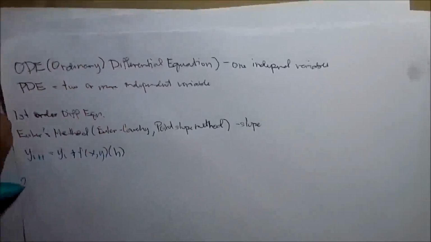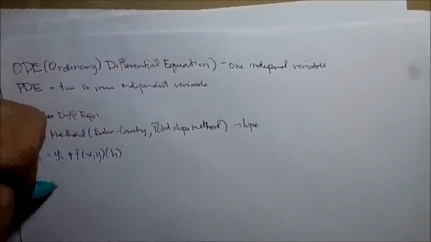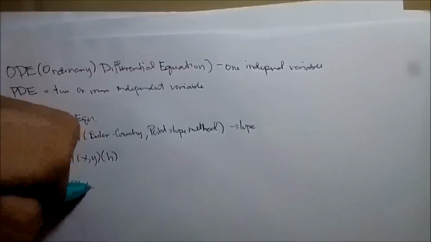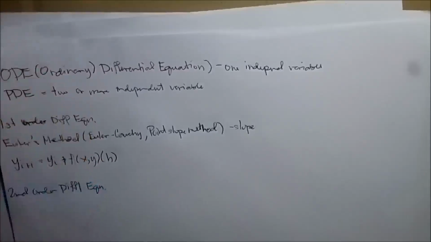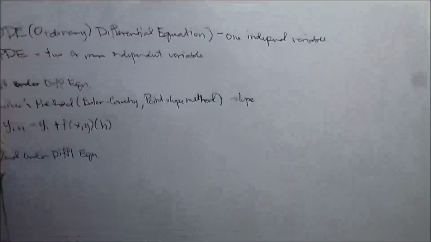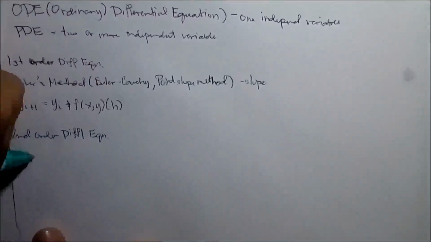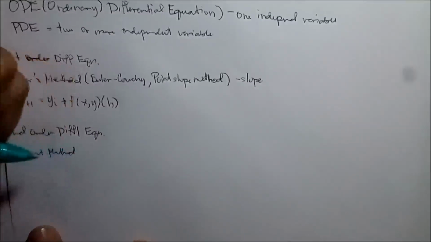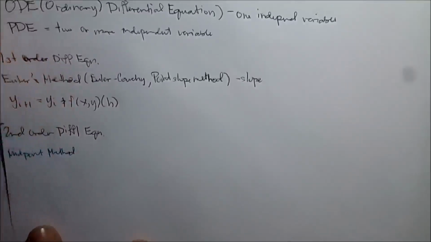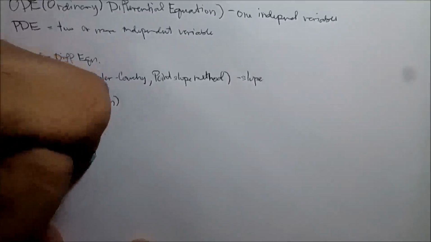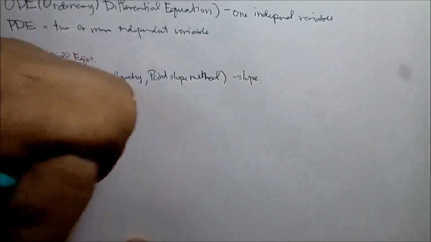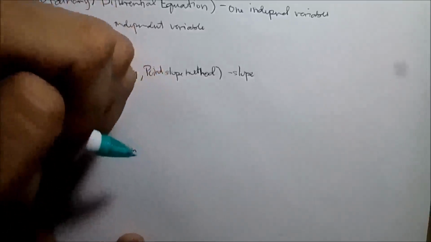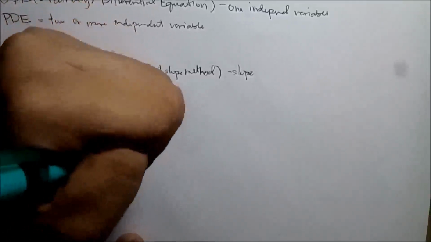Next, the second order differential equation. First, midpoint method, also called the improved polygon, or the modified Euler's method.